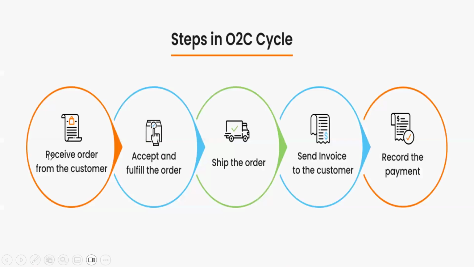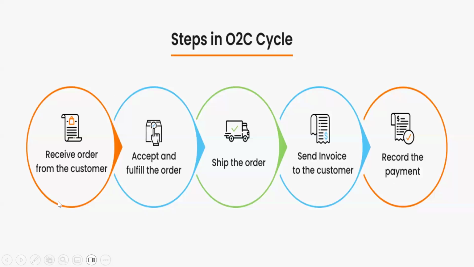You can see here we received an order from the customer and accepted the order. We will manufacture the product and deliver it to the customer. While delivering to the customer, we will create a customer invoice, receive the payment from the customer, and close the process.